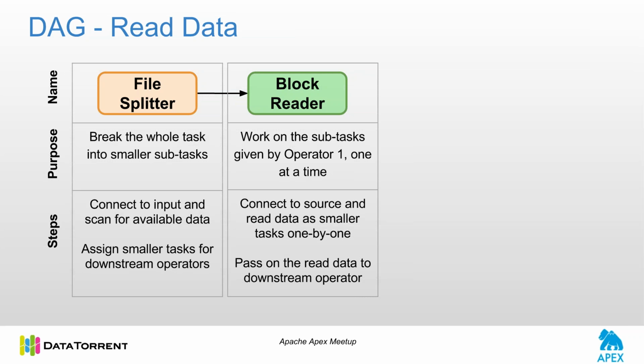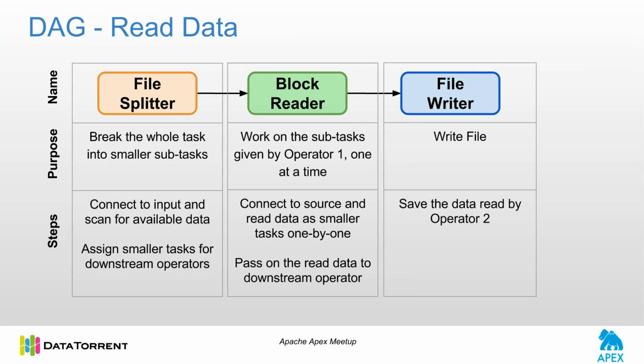So the block reader is going to take that task of copying a 1 GB block. It doesn't know how big the file is, but it just knows that, okay, I have to start from this particular start point until this end point of 1 GB and read from the source. So it has to first connect to the source, read data one task at a time, and pass that data to the downstream operator.